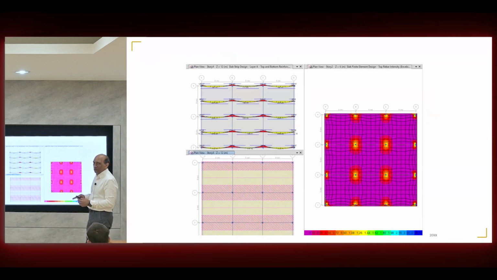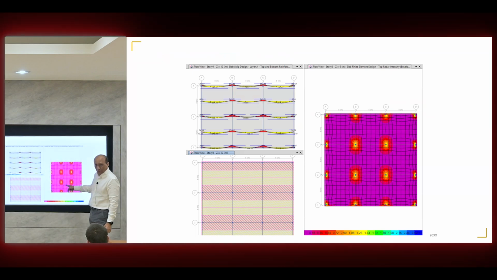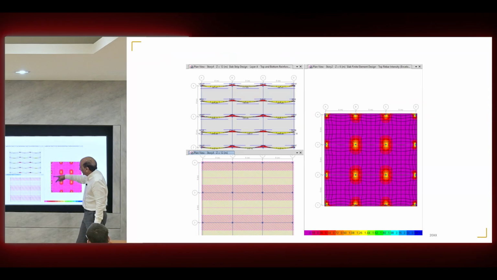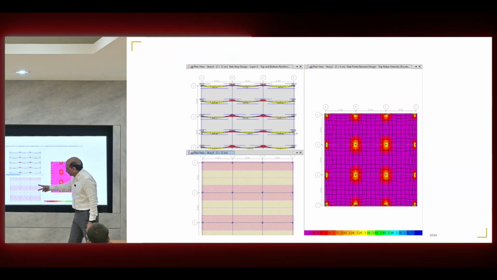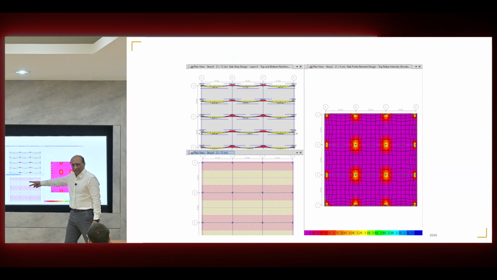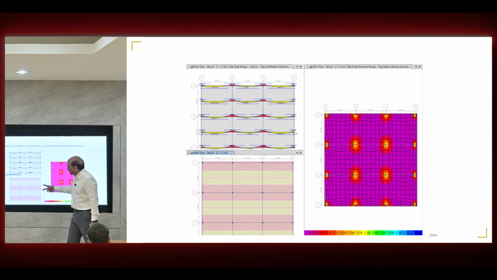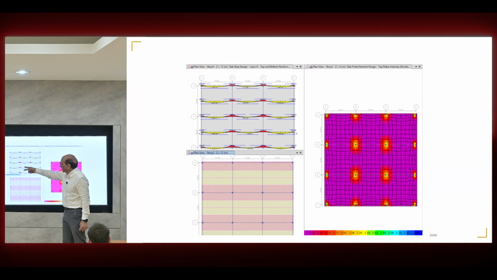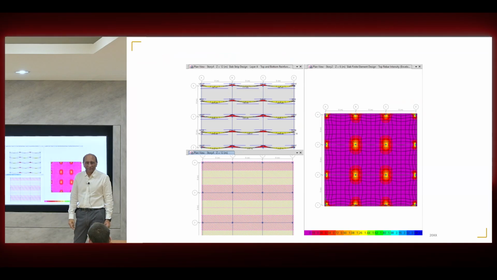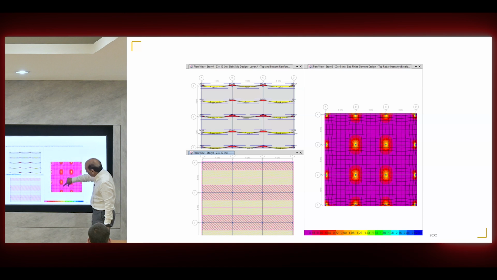So after you have the concept of a design strip, basically this is the actual moment distribution, but you draw strips on it. One portion we call column strip, another one we call middle strip. Then we determine the reinforcement separately for the bending moment in the column strip and in the middle strip, as bands of reinforcement, because we see, oh, this pattern is different from this pattern.